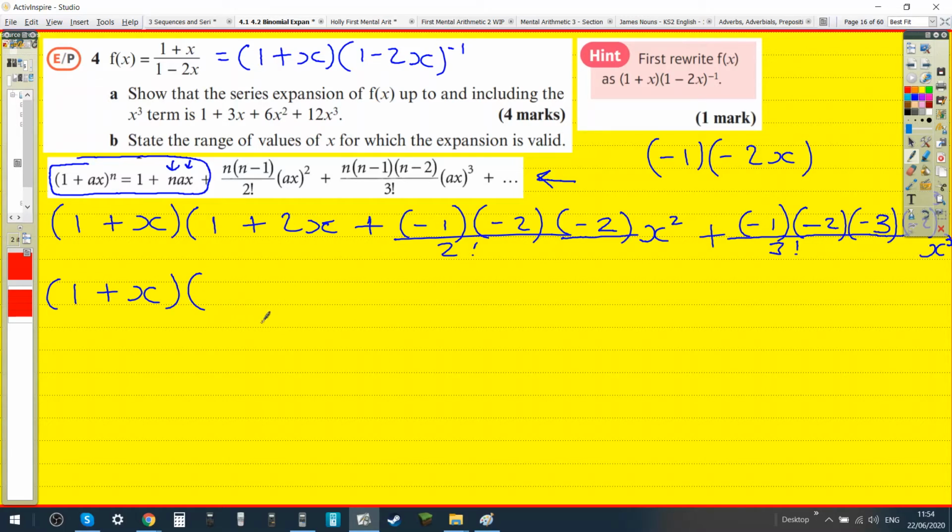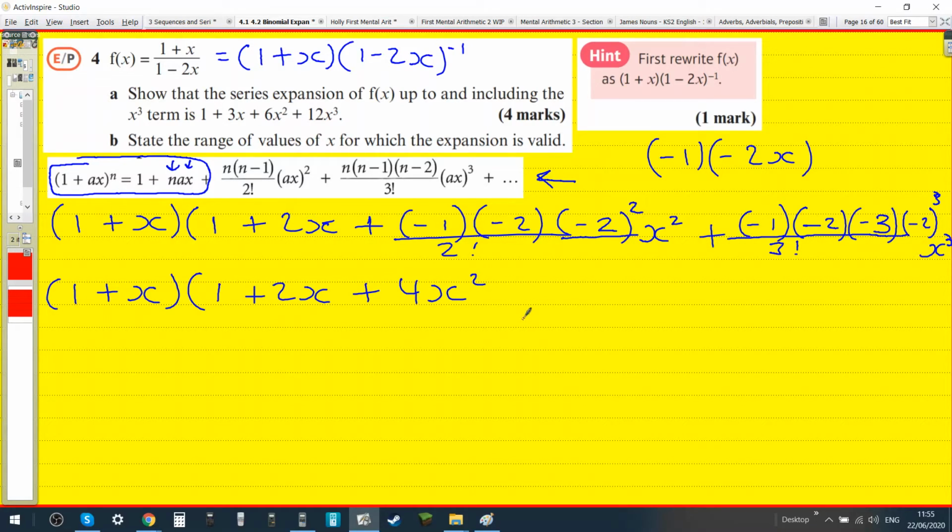So 1 plus 2x, yeah. And then do I need to make minus 2 squared? That was my fault, that should be squared. Maybe I should leave the x inside. And then I got plus 4x squared.